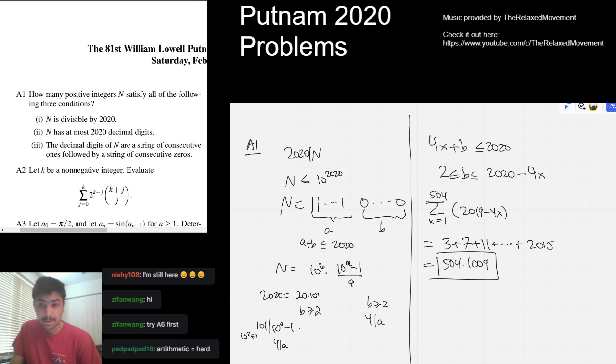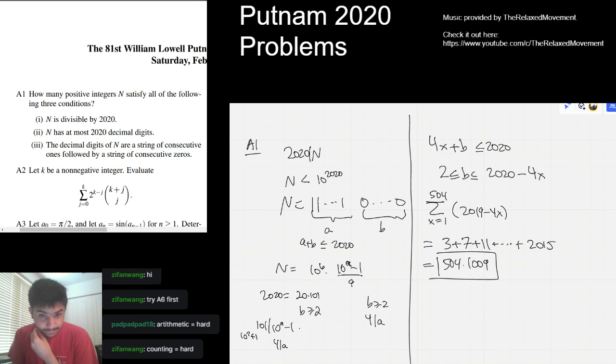Arithmetic is hard. Since more people are here, I'm not going to check solutions myself. Can somebody check if this is correct for Putnam 2020 A1? And then we'll do Zfon's suggestion and jump straight to A6 after this.